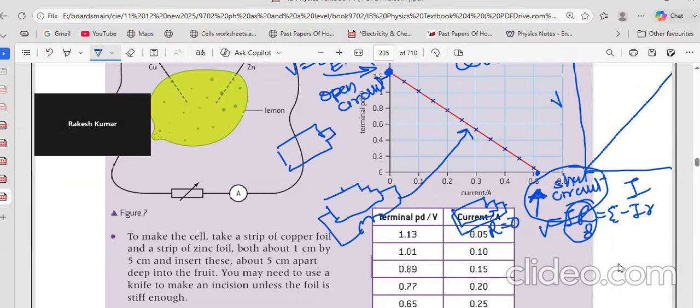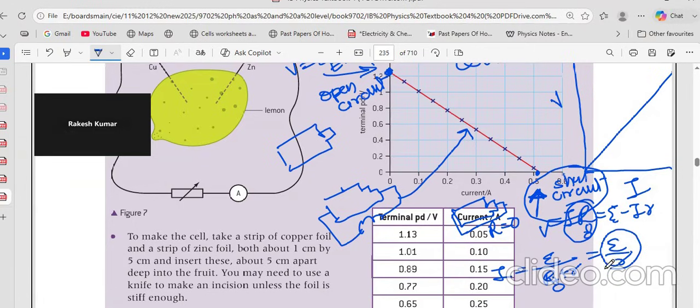So this happens at max. So you can also think of this as I is equal to E upon R plus r. So this value is nothing but R is 0, so this I value is actually this.